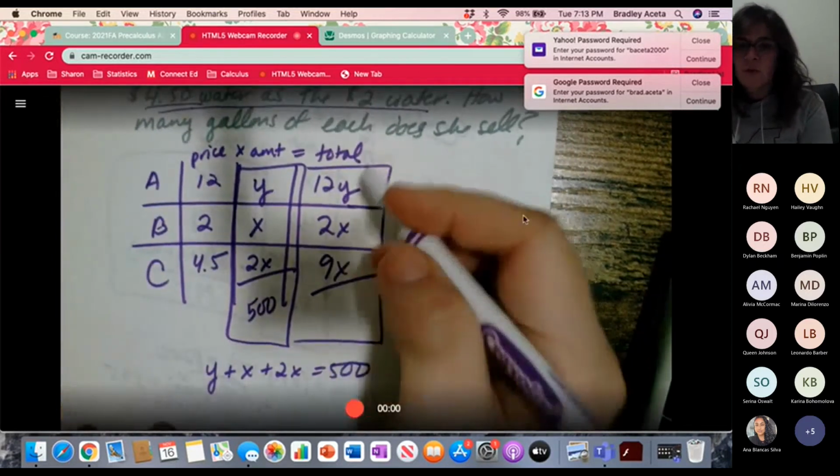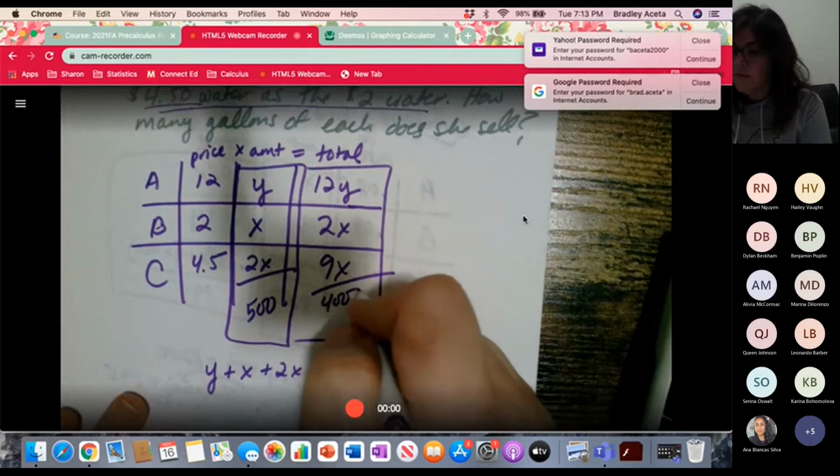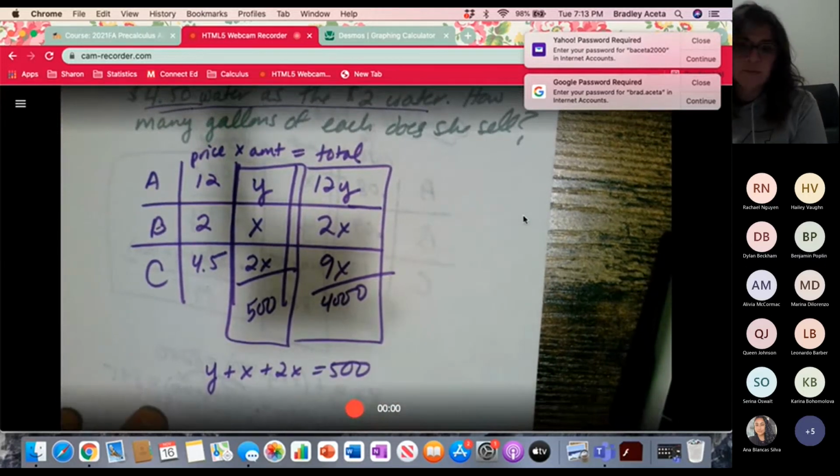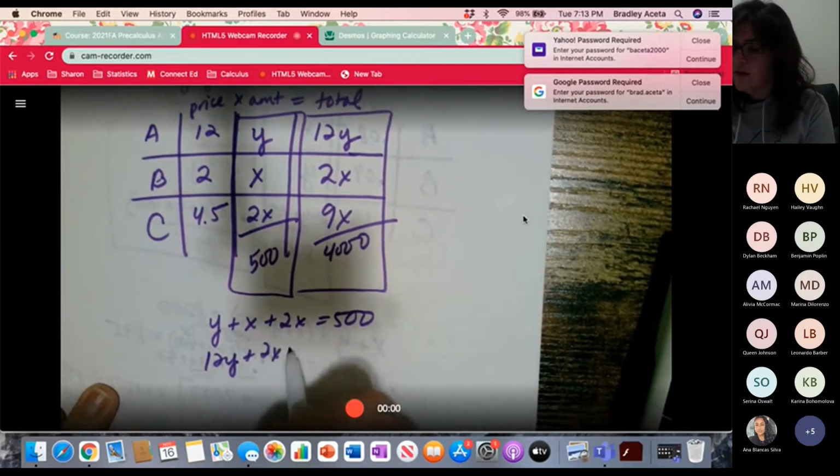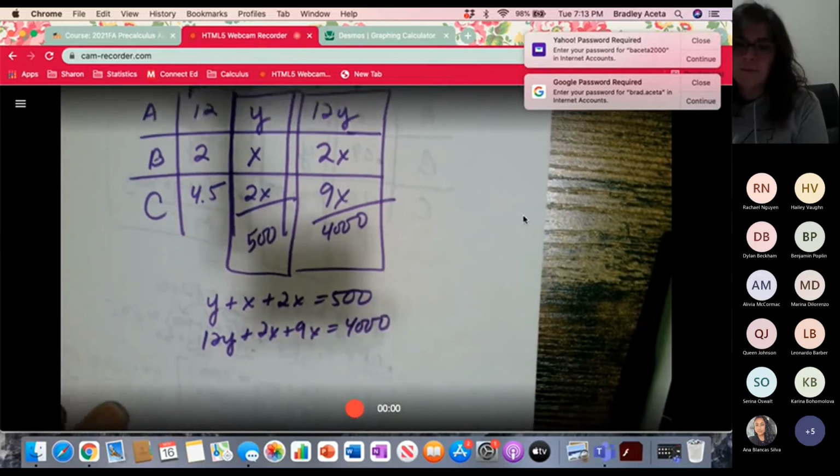So the total price here is $4,000. And so that would be my second equation, 12Y plus 2X plus 9X equals 4,000.